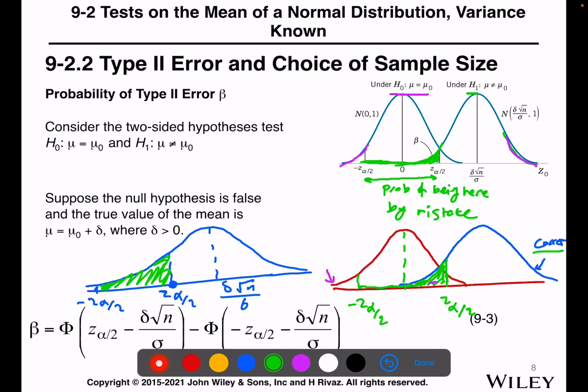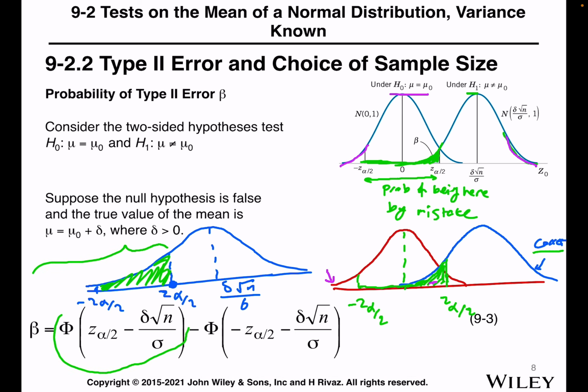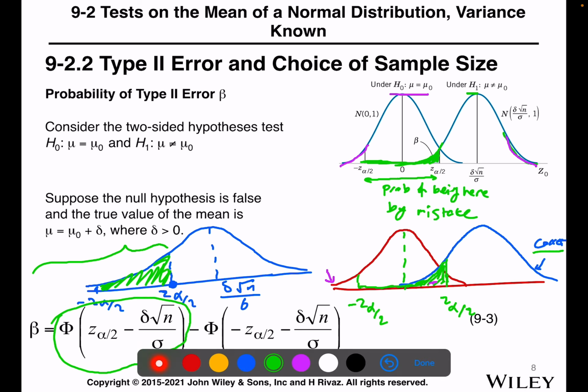And that area is this area, which is this term, minus this red area, which is this term. So this is the equation that's also provided in the crib sheet for calculating type 2 error.